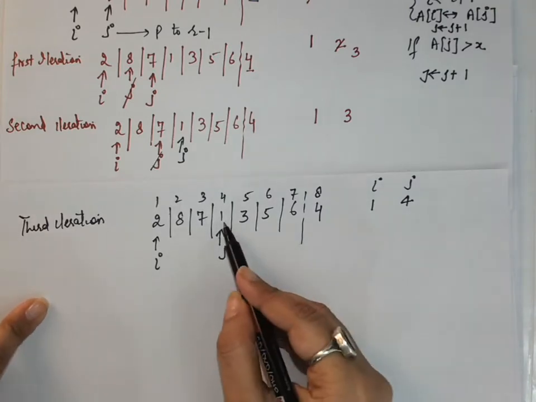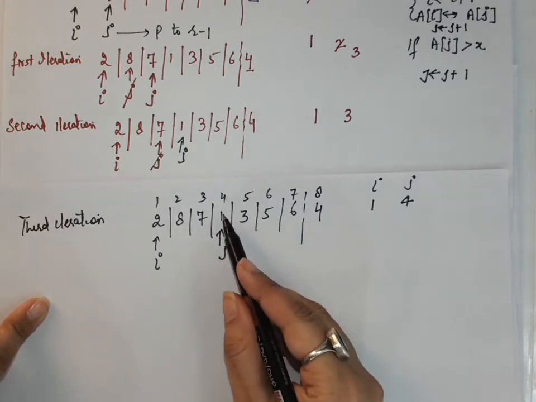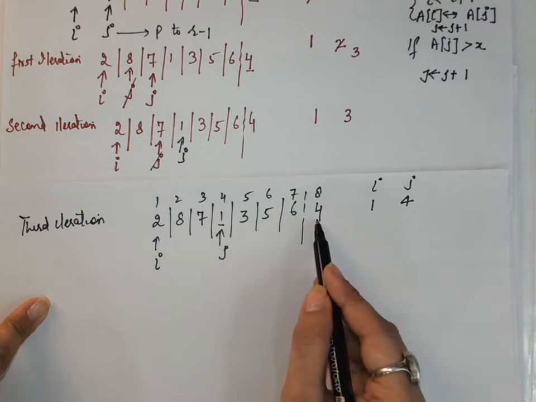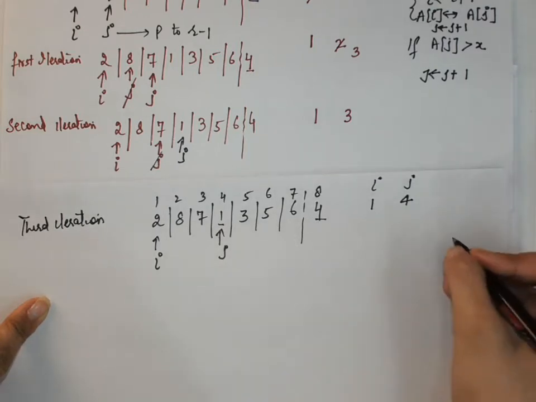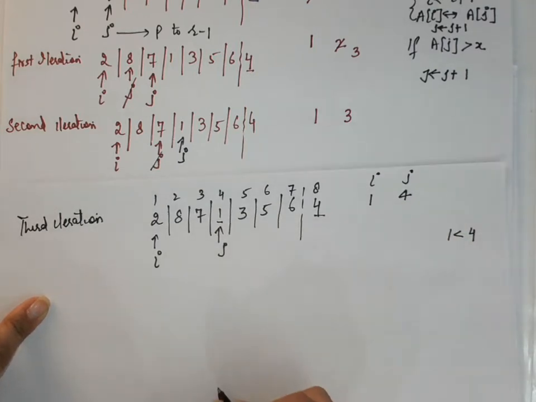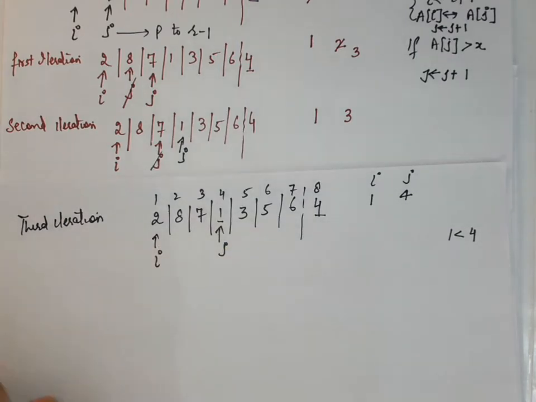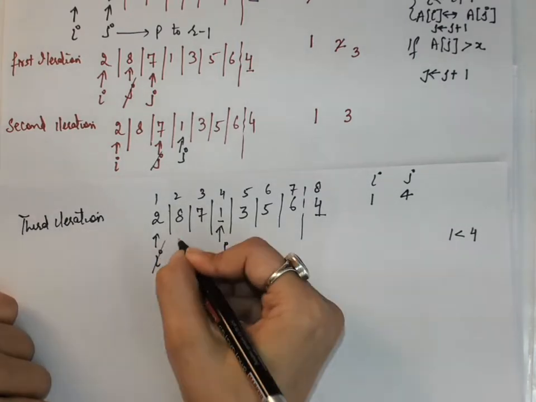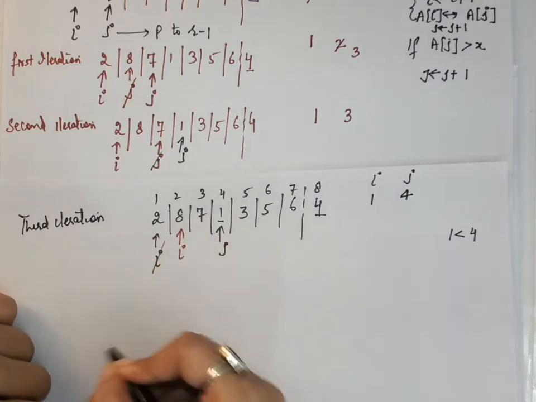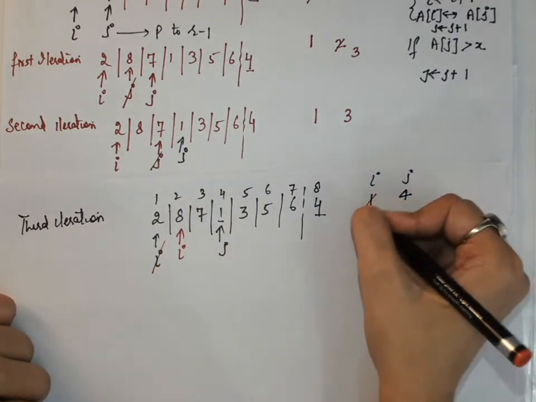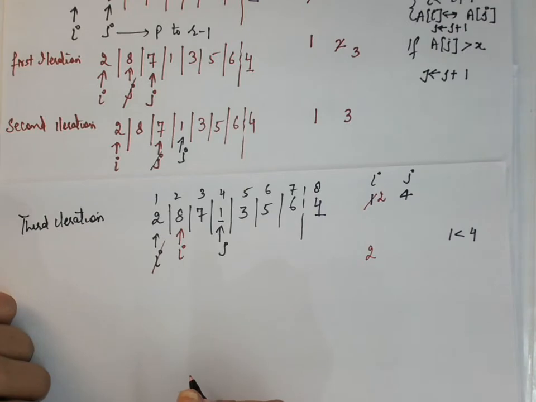Now check, now j is equal to 4. Now check if a of j is less than 4. Now the condition is true, 1 is less than 4. It means we have to increment i by 1. Now i is equal to 2 and j is equal to 4.